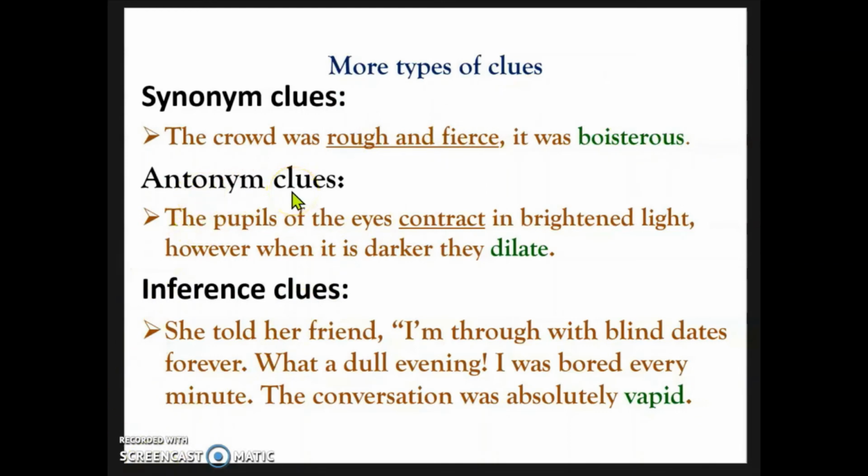Antonym clues. In antonym clues, or we can call them opposite meaning context clues, the unfamiliar word may be contrasted with a familiar term that will help to clarify the unfamiliar word.